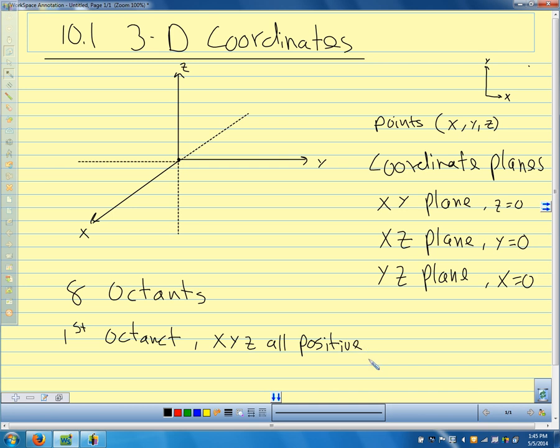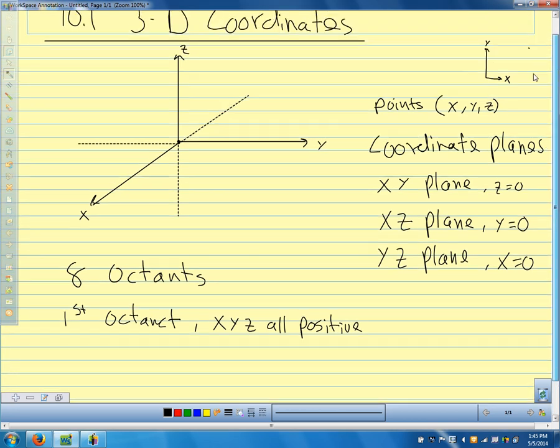And then we find our other octants by going counterclockwise around the z-axis. Just like we found our 4 quadrants by going counterclockwise in the plane, we'd have the first octant here where x, y, and z are positive. Our second octant would be back up here, third octant over here, and the fourth octant here. So octants 1 through 4 are in the same place as quadrants 1 through 4 on our xy plane. So we go counterclockwise around the z-axis.